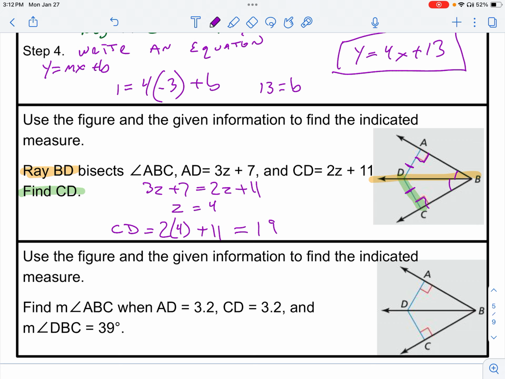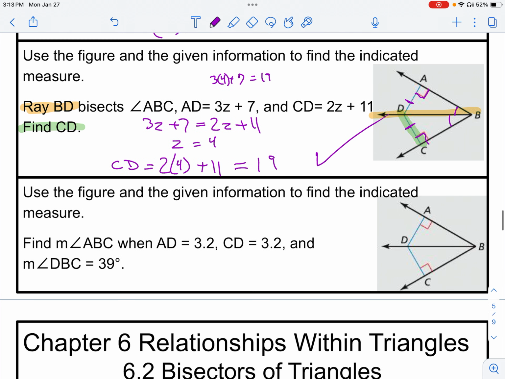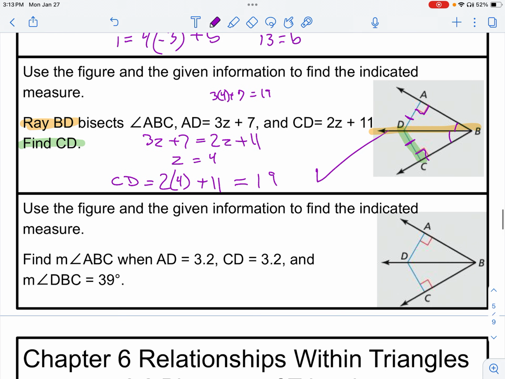And CD equals 19. We can check it by plugging it into AD. 3 times 4 plus 7. 3 times 4 is 12 plus 7 is 19. We're good. Go ahead and solve the last one, and then we'll work it through together.